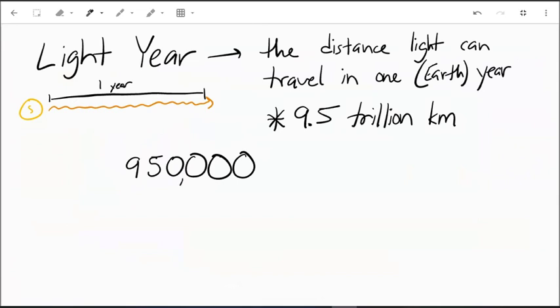Now we have 950,000. Add another one. There's 9 million. 95 million. 950 million. There's your billion. That's a billion. So how many zeros do we have now? 1, 2, 3, 4, 5, 6, 7, 8. We have 8 zeros. Really 9 spots past the 9.